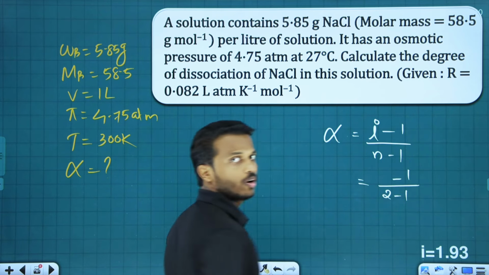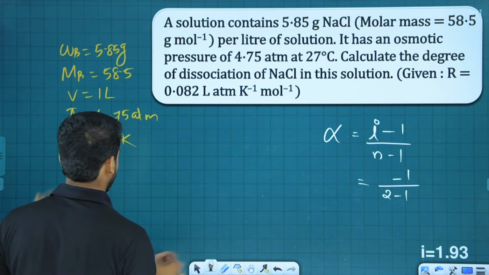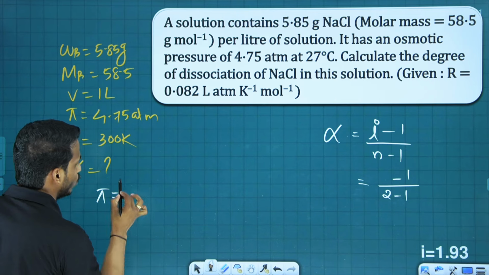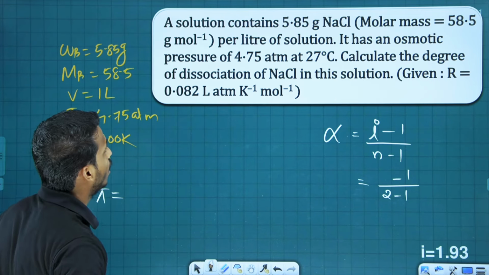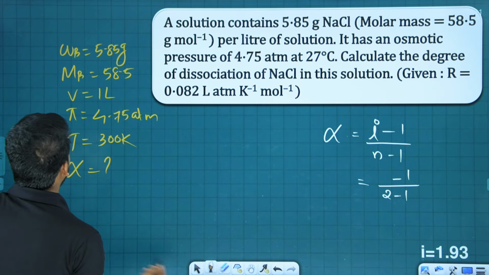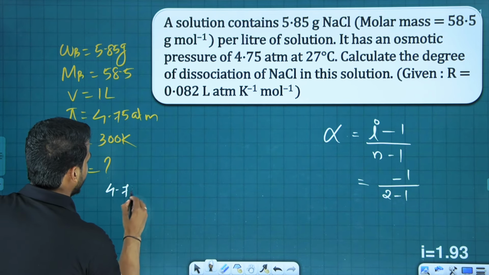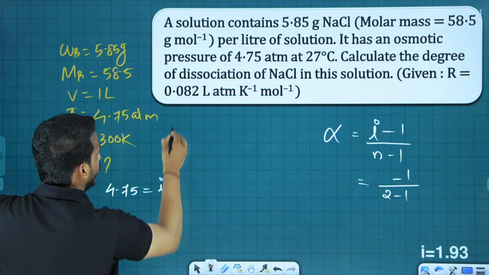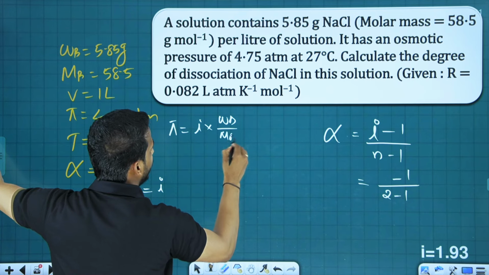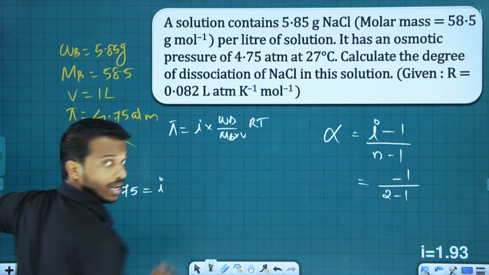So the I value we need to calculate through the expression. What is the expression for osmotic pressure? Pi equal to I into WB by MB into V into RT, right my dear?